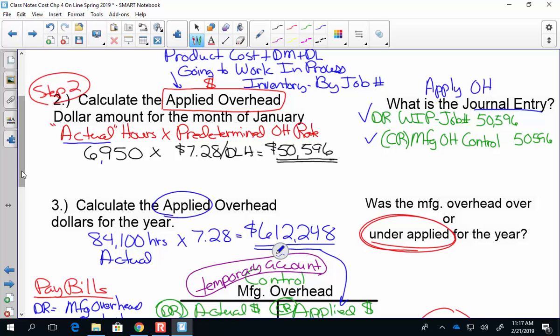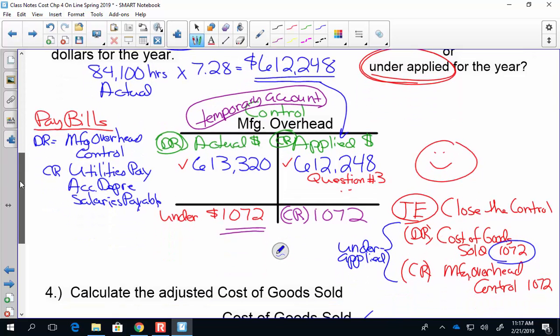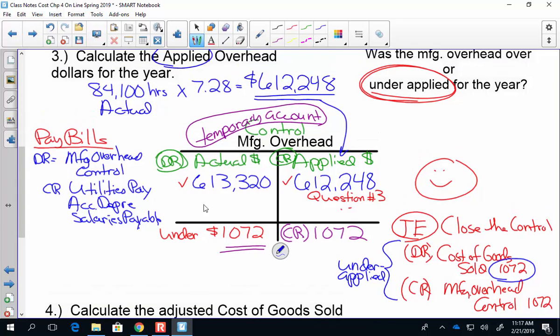After that, in Step 3, it says calculate the over or under applied overhead amount. In this case, if we see here, they said my actual overhead was this, 613,320, which comes from the problem. And to get the applied amount, remember, that is coming from the actual hours that were given, 84,100.